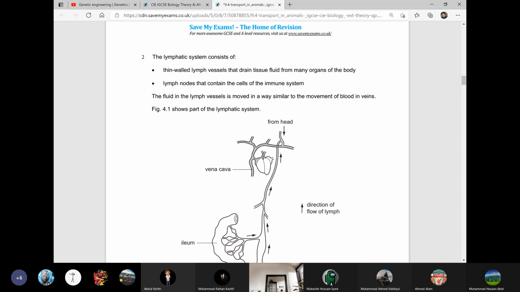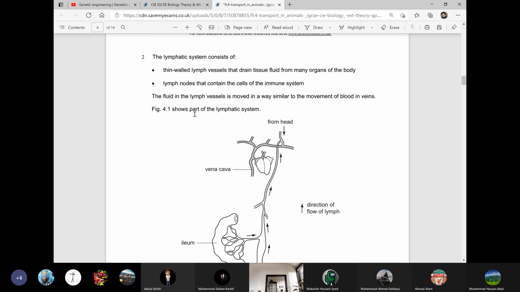I just explained, even in the veins, the blood moves upward from the legs when the leg muscles contract, and both veins and lymph vessels have valves in them to prevent the backflow.